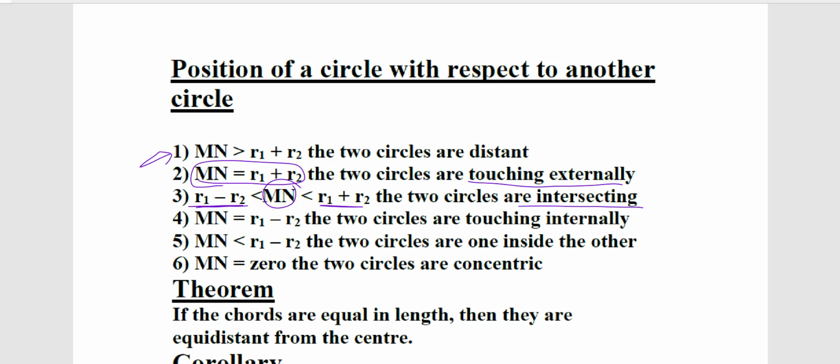And when the two circles are closer than this position, the two circles will be internally touching, and the distance between M and N equals R1 minus R2, as we will show. This is a figure of internally touching.